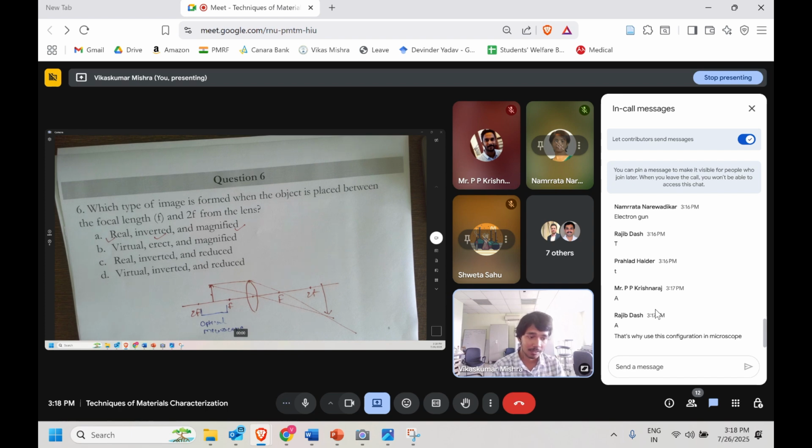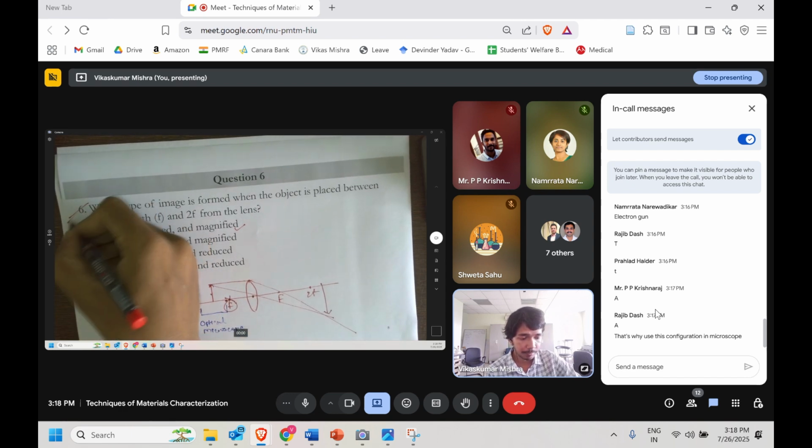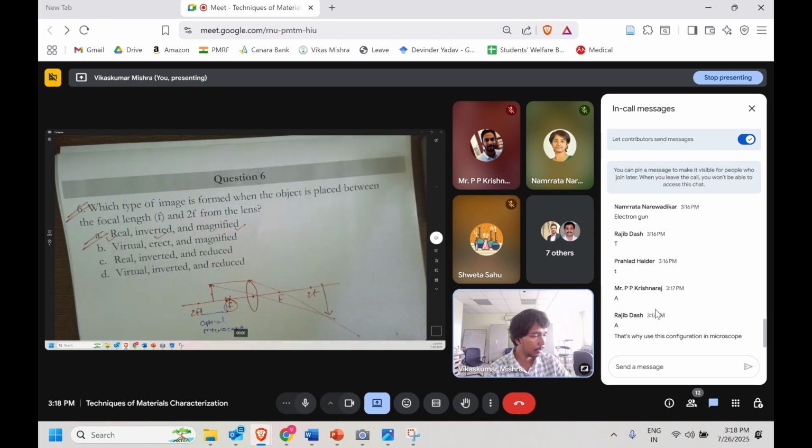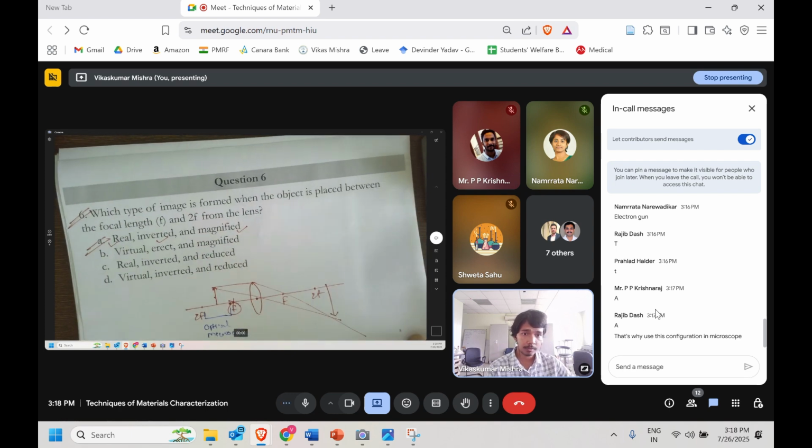Yeah, that's right, perfect. If we move our object location from this place to here, the image will be even further enhanced. So this is also a reason why we select our specimen to be near f, closer toward the lens. So the right answer is option A. Any doubt in this question?